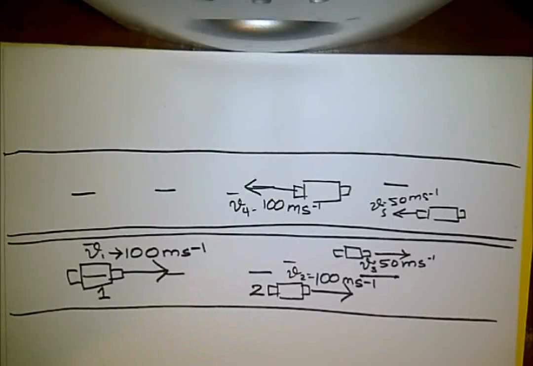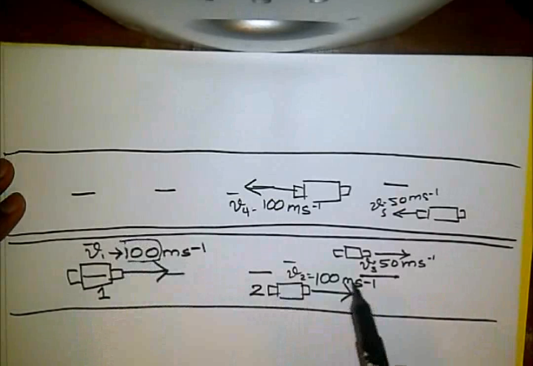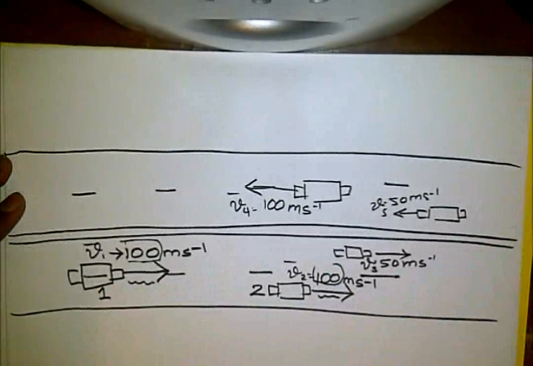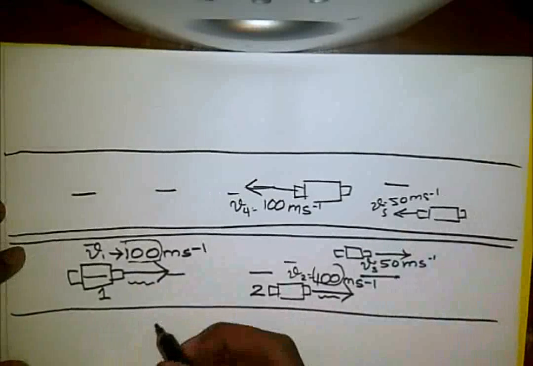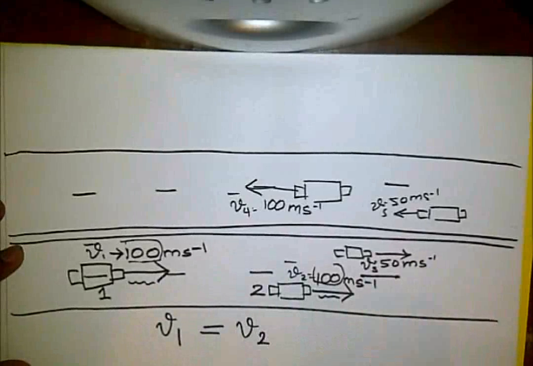It's speed with a direction. So we can say that two vectors are equal if both their magnitudes and their direction are the same. So we can say that velocity 1 is equal to velocity 2.